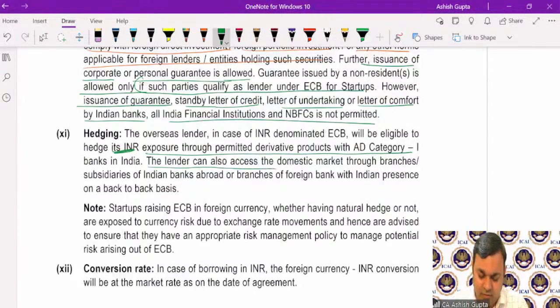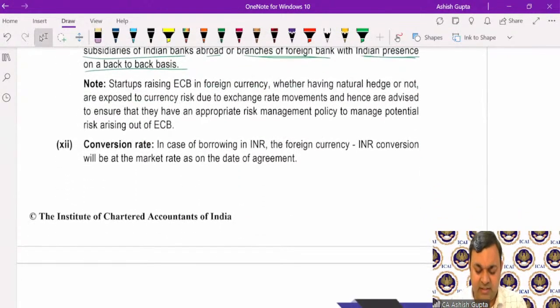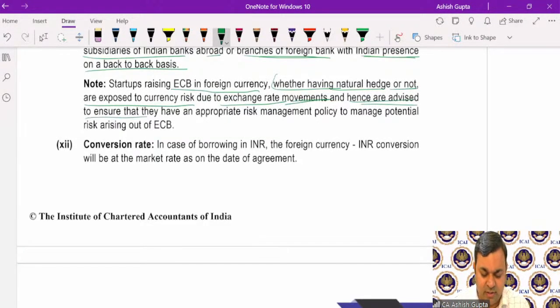The lender can also access the domestic market through branches and subsidiaries of Indian banks abroad, and branches of foreign banks with Indian presence, on a back-to-back basis. Note: startups raising ECBs in foreign currency, whether having a natural hedge or not, are exposed to currency risk due to exchange rate movement, and hence are advised to ensure that they have an appropriate risk management policy to manage potential risk arising out of ECB.